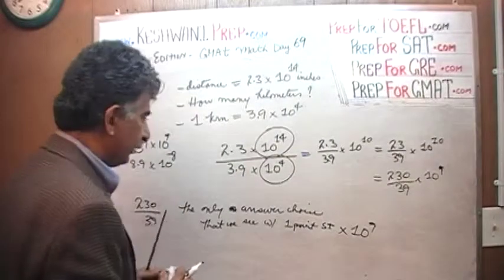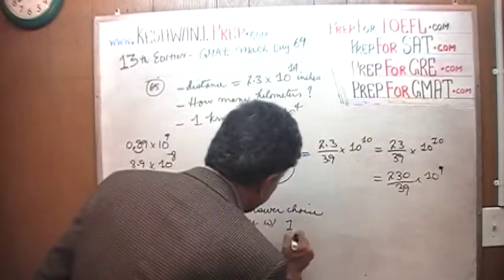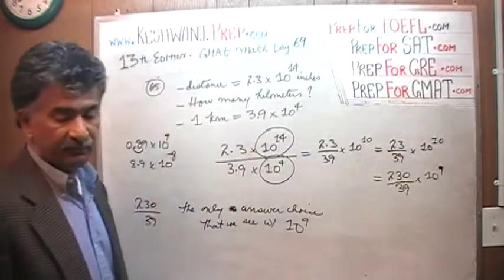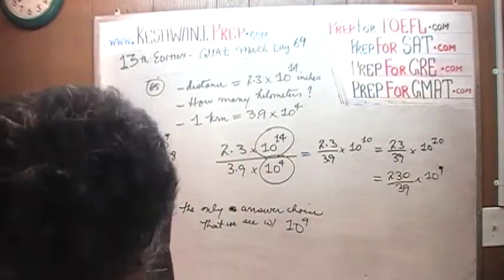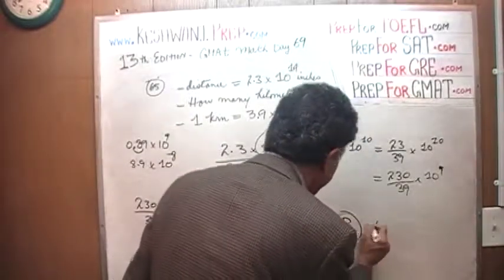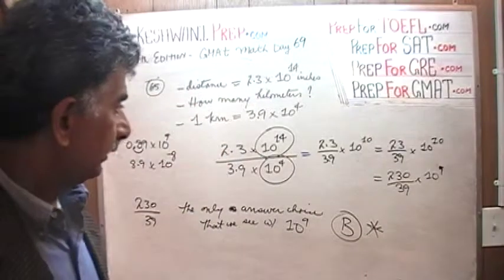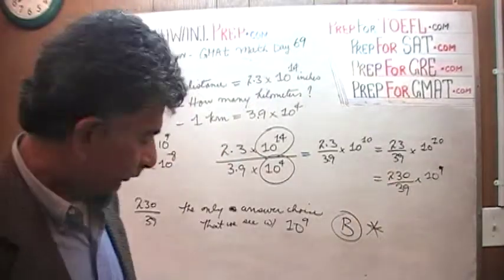Now the only answer choice that I see with 10 raised to 9 is B. The answer is B. It has to be. It's the only answer choice that we see there with 10 raised to 9, and that's all it is.